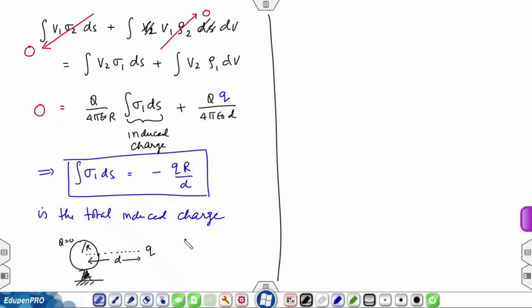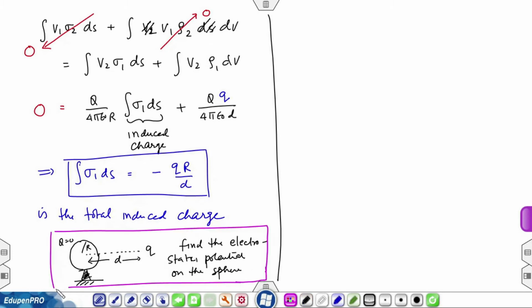Find the electrostatic potential on the sphere using reciprocity theorem. Again, create two situations. This time what you want to find is V on the surface of the sphere, which will be the same as throughout the sphere.